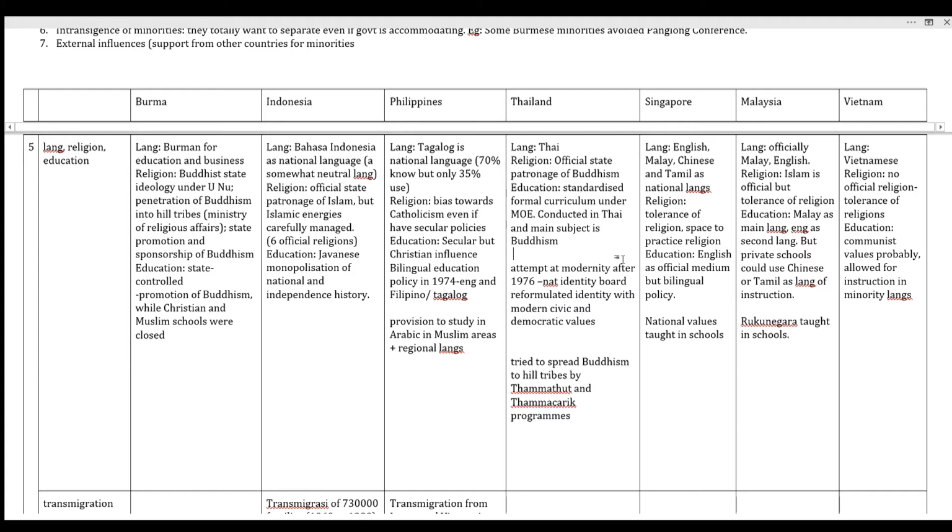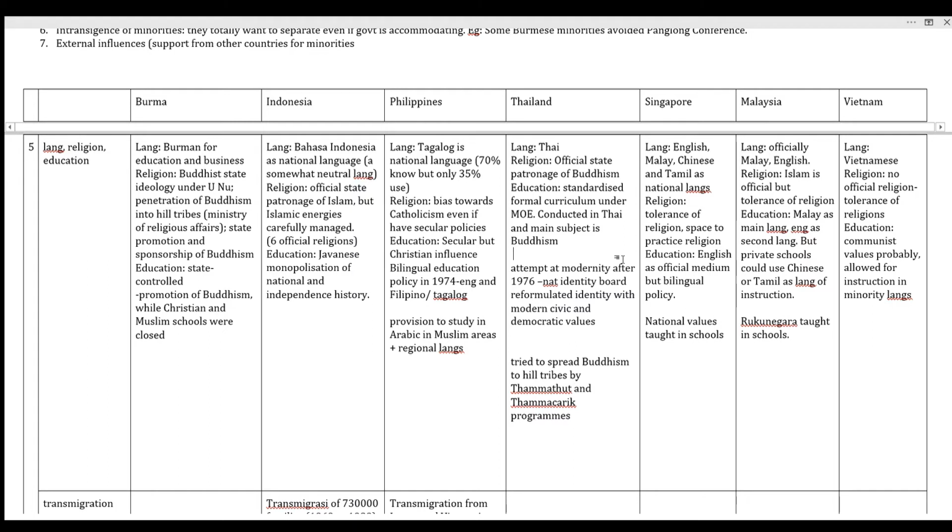It sounds a bit like very one single thing, and they did try to modernize a bit by having some modern civic and democratic values, but I think they were still related to Buddhist values or something like that. I'm not sure, I don't remember. Okay, sorry about that. And they tried to spread Buddhism into the hill tribes through these programs, which I'm not going to read. You can read them yourself because it's written there.